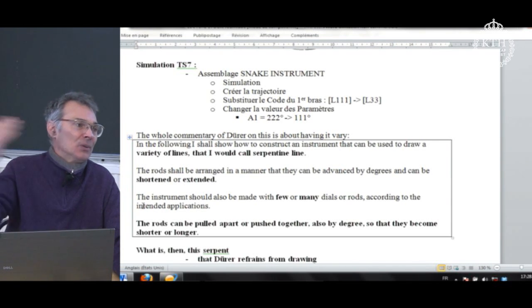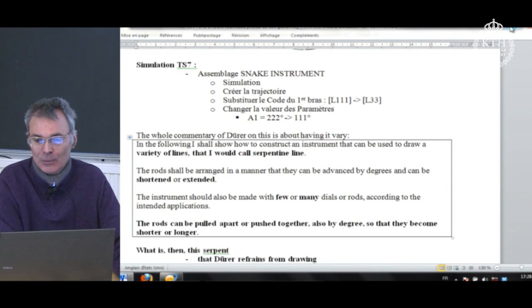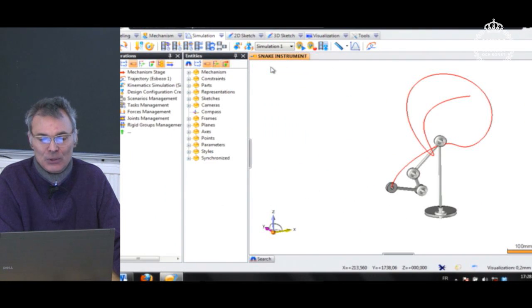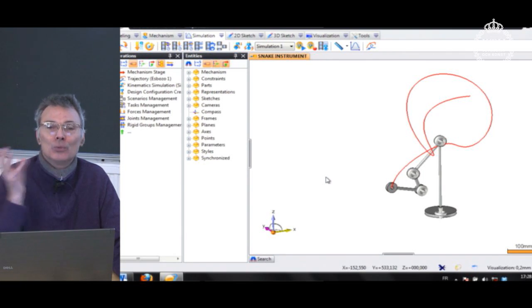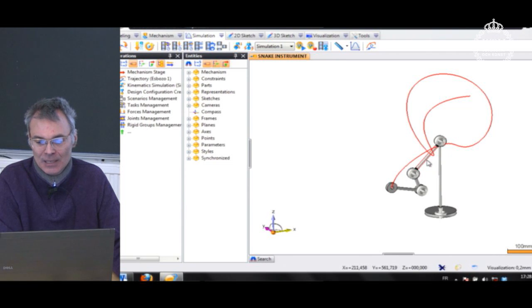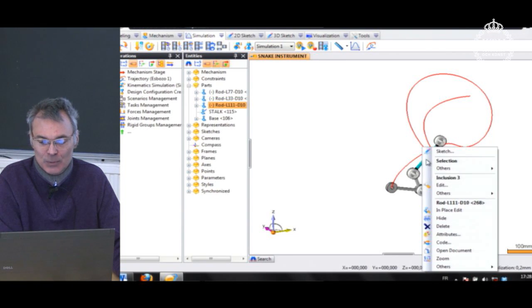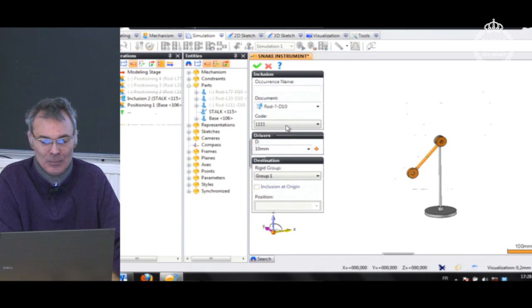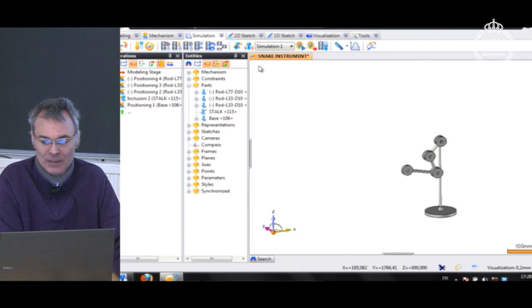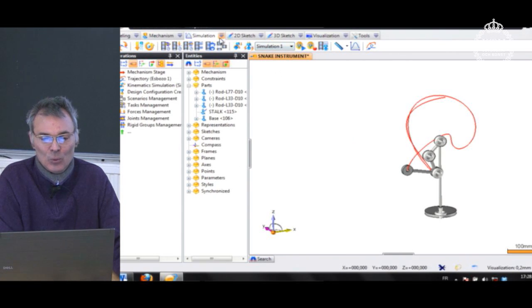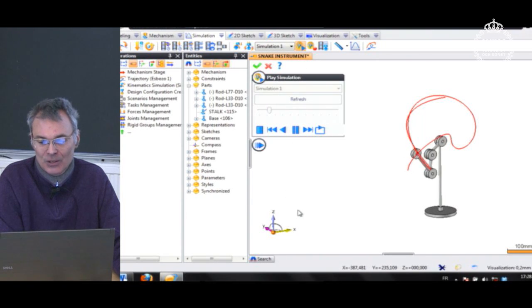And so I will not follow on, but the whole comment is about variation. So actually, the real translation of this instrument is not the movement that generates one single line, but the operation of substitution that we can do on this instrument, by which I will substitute this rod by another one in order now to see what could be another trajectory or another snake line.